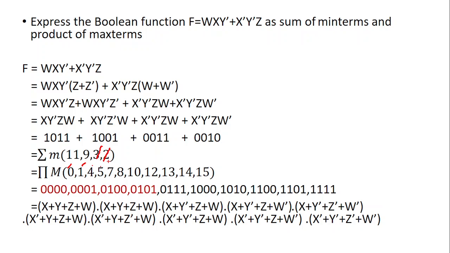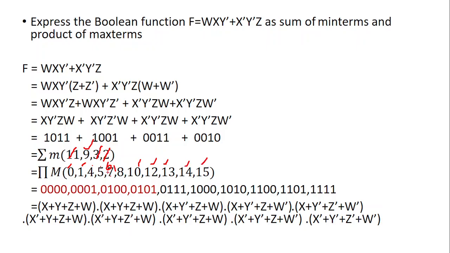I think 6 I missed, sorry, 6 is also not there. 7 is not there. 8 is not there. 9 is there. 10 is not there. 11 is there. 12 is not there. 13 is not there. 14 is not there. 15 is not there.